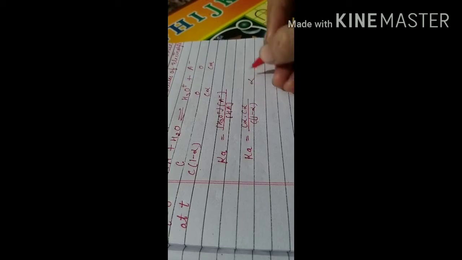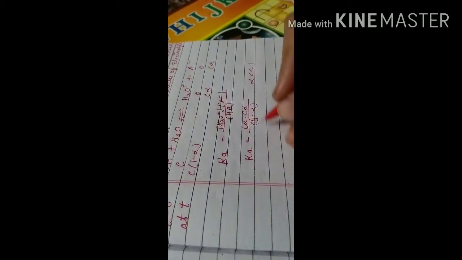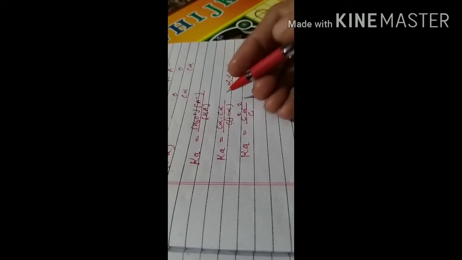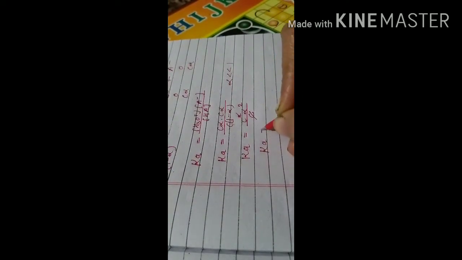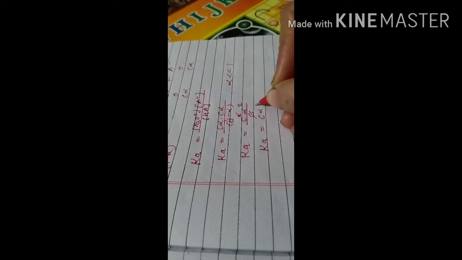Suppose we consider infinite dilution, where alpha is very much lesser than 1. So we get Ka equals C square alpha square upon C, and the alpha in the denominator is omitted. Now C and C cancel, and we get Ka equals C alpha square.